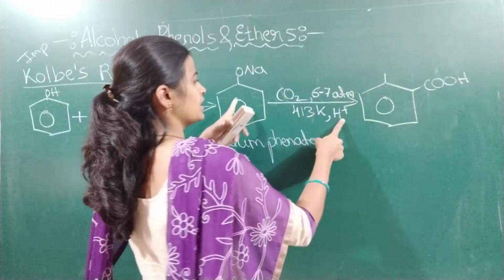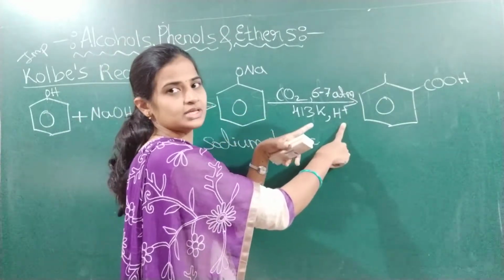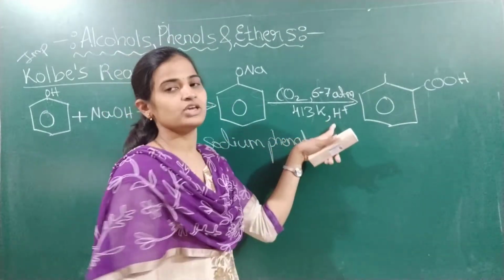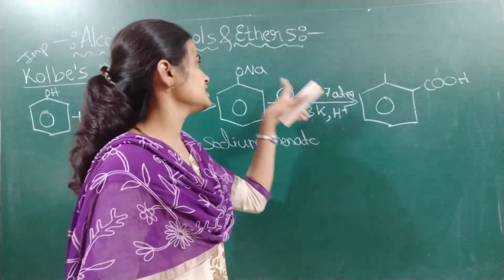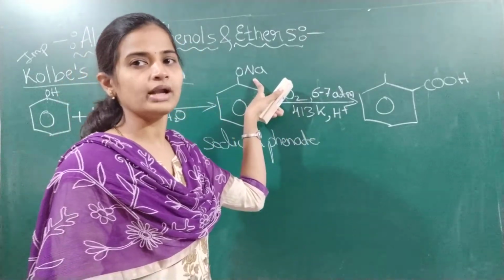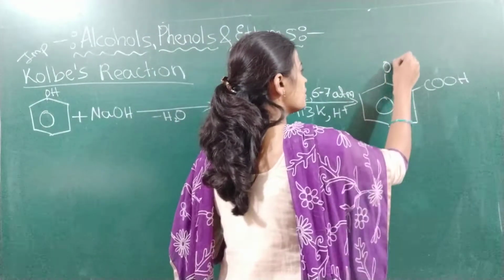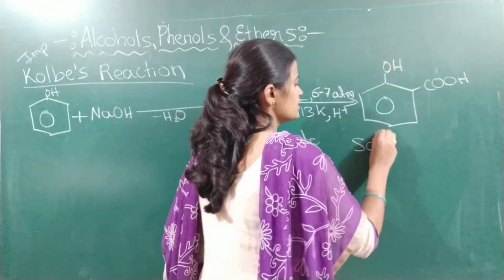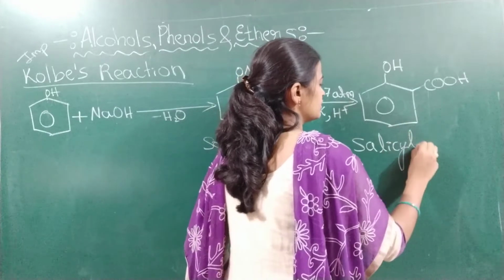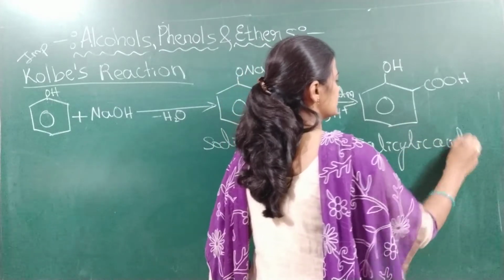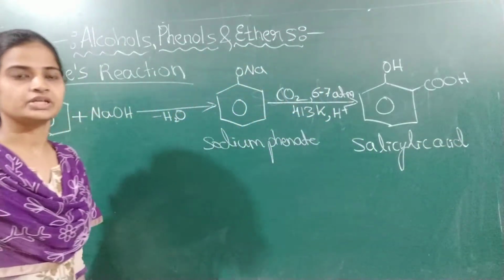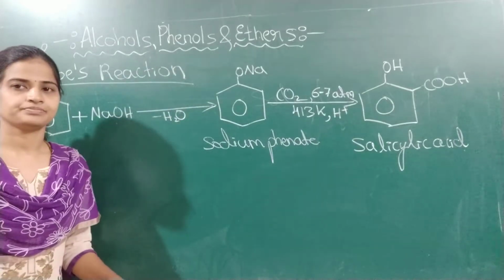Whatever acid we are using, for example if I use HCl, this Cl will combine with the Na to form NaCl, and this H attaches here to form OH. This is nothing but salicylic acid.